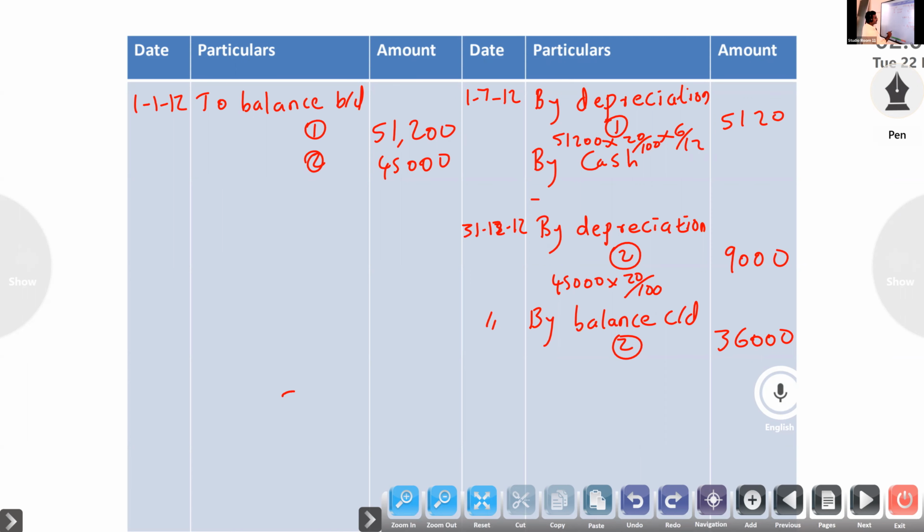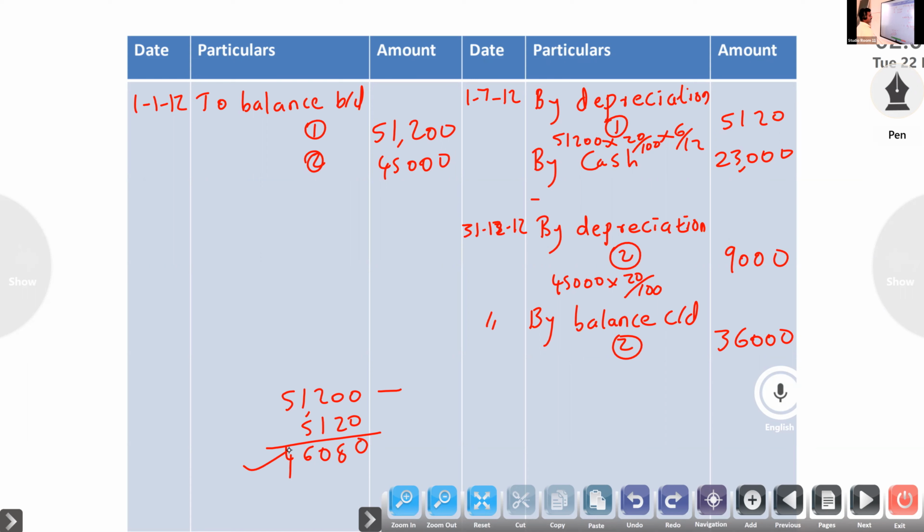Okay, so now 51,200 minus 5,120. The sold amount given is 23,000.